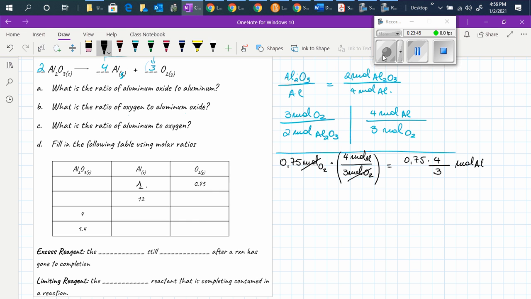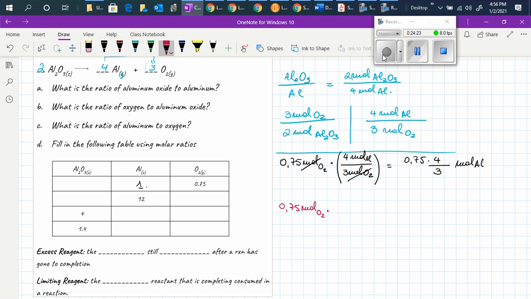When you are looking for the moles of aluminum oxide, you will use the moles of what is given, 0.75 moles of oxygen times the molar ratio between oxygen and aluminum oxide, which is 3 to 2. Now, 2 moles of aluminum oxide are used when 3 moles of oxygen are produced.